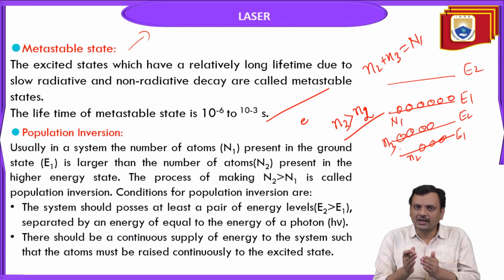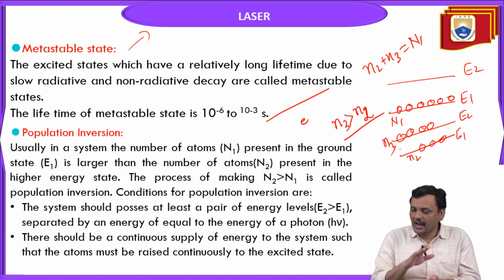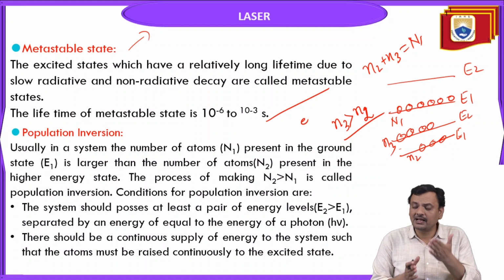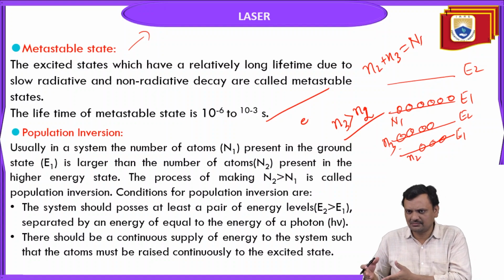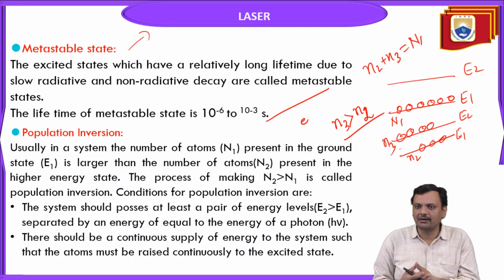So with the help of the meta-stable state, you can achieve population inversion, and while achieving the population inversion condition, there are more chances that you can get light, or photons, or laser light by the phenomenon of stimulated emission.